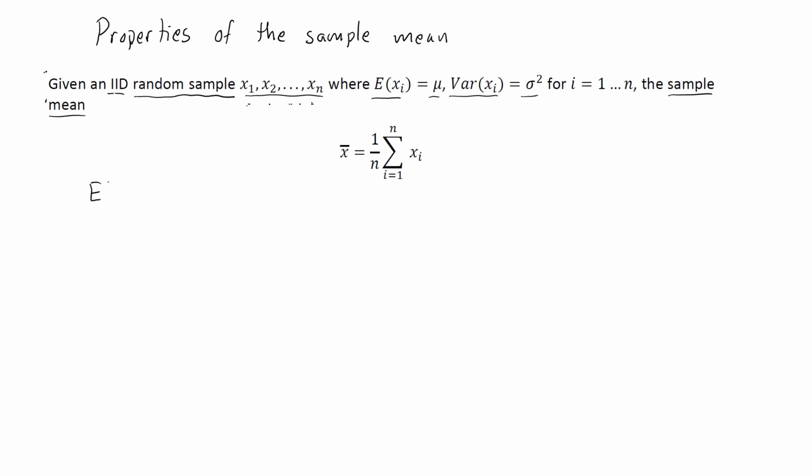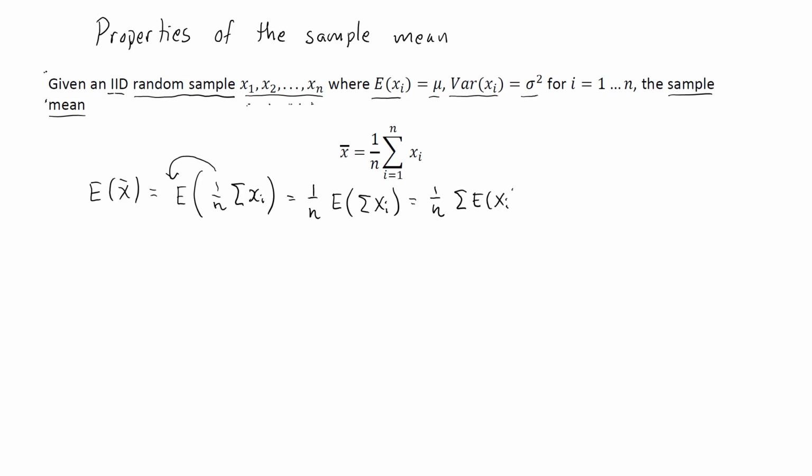If we begin with the expected value, so that would be the expected value of 1 over n summation xi. 1 over n is just a constant, so I can take it outside. 1 over n expected value of summation xi. We also know that I can take the expected value inside sums. So this is 1 over n summation of expected value of xi.